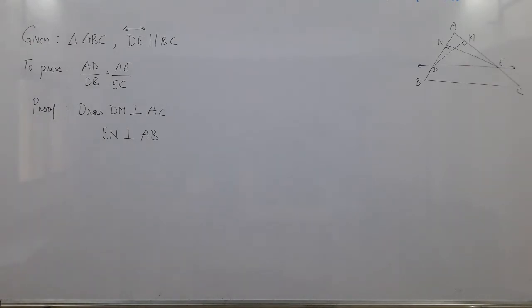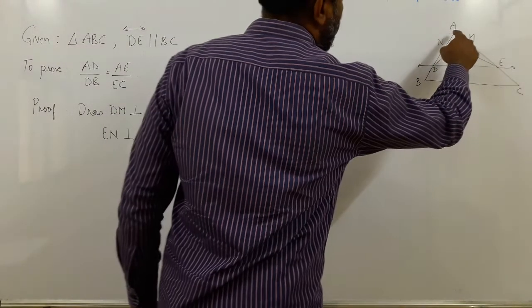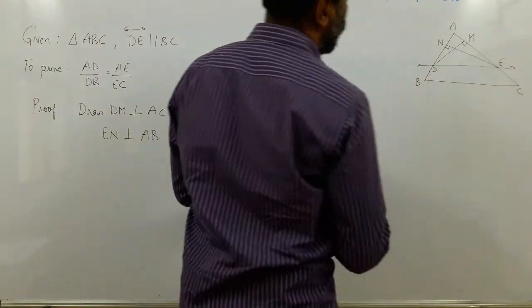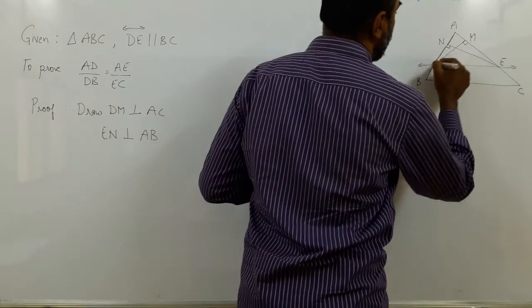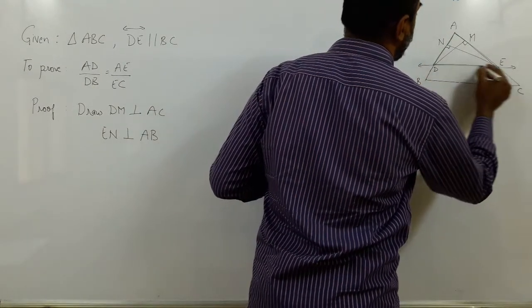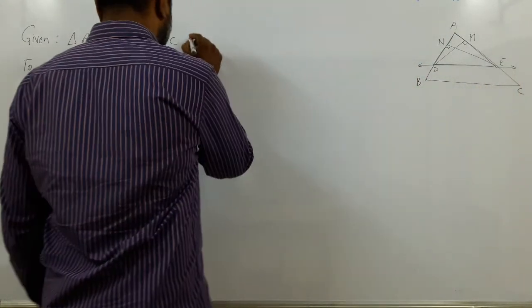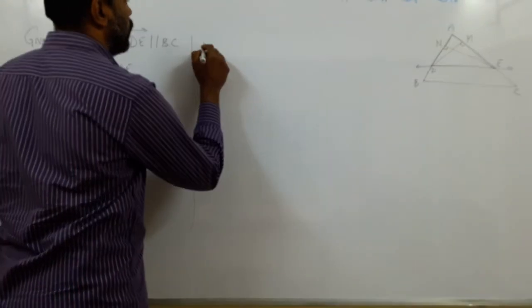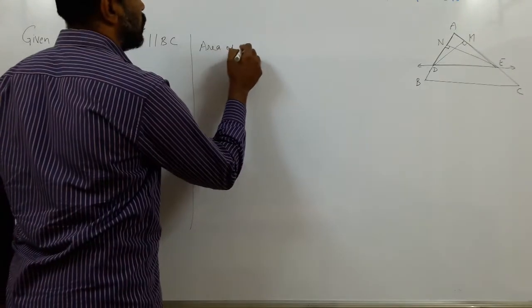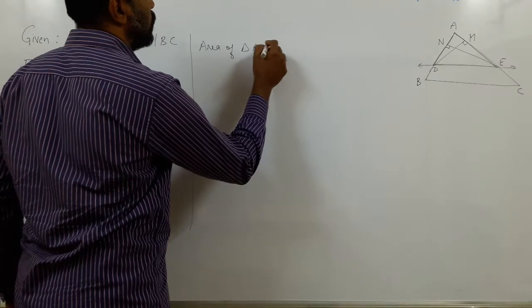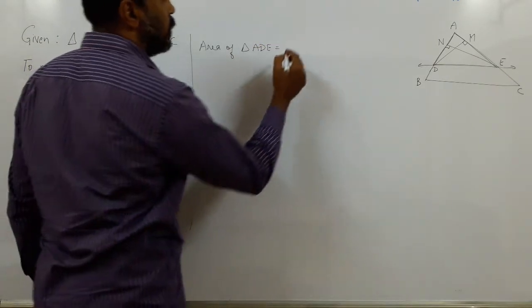What is the area of the triangle? Area of triangle ADE. So look here. What is ADE? This triangle on the top. Now, area of triangle ADE is half base into altitude.